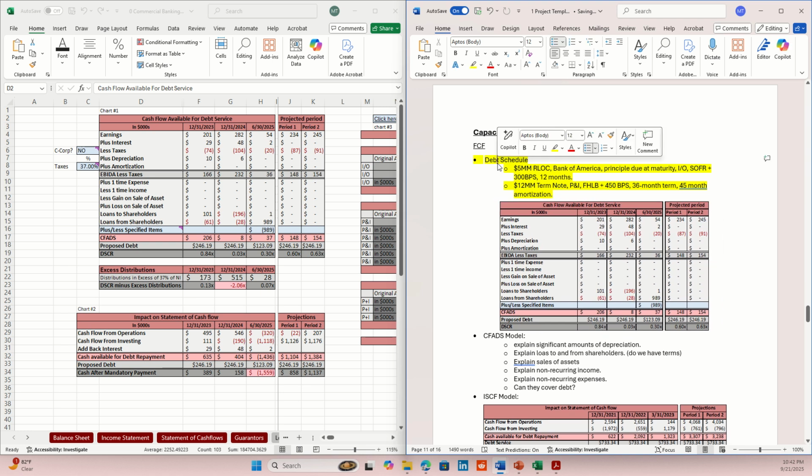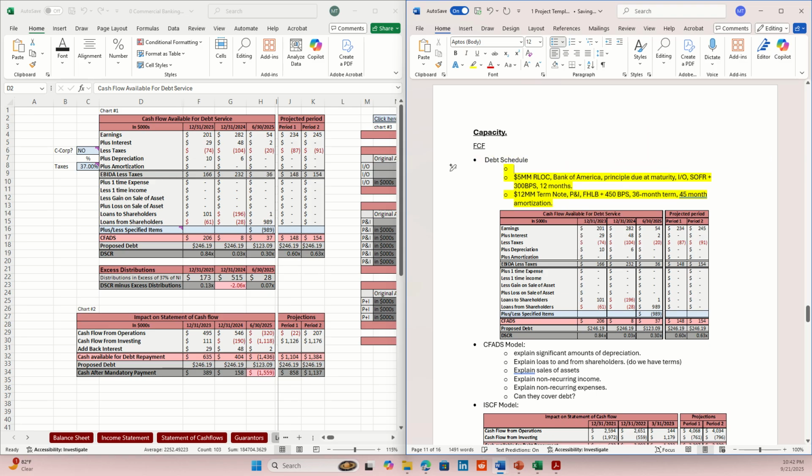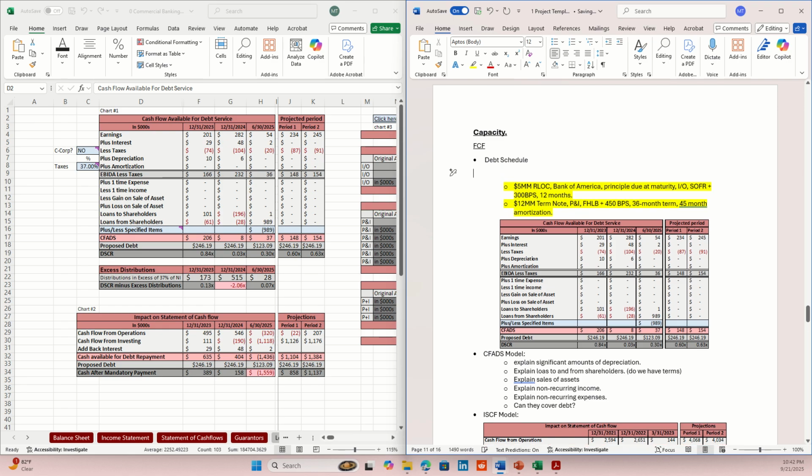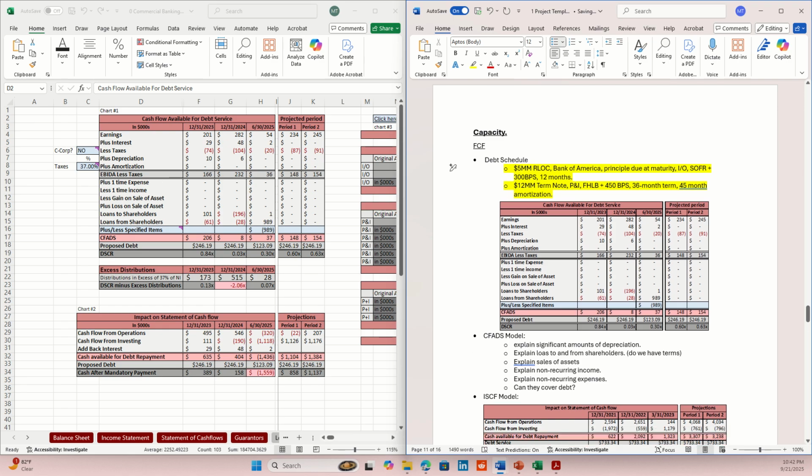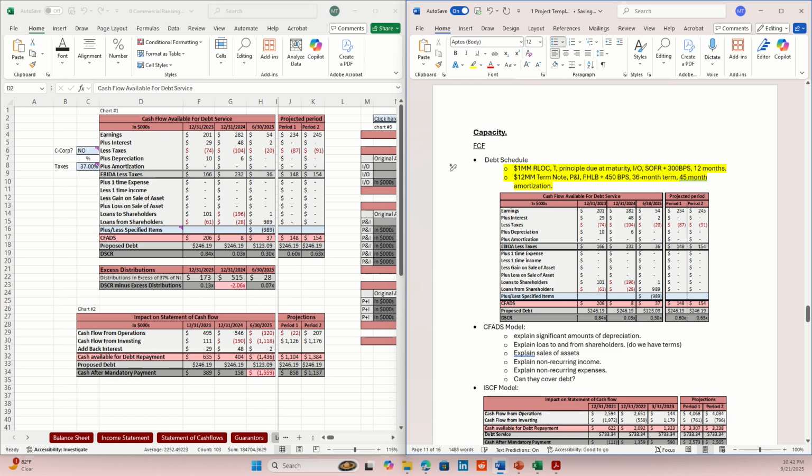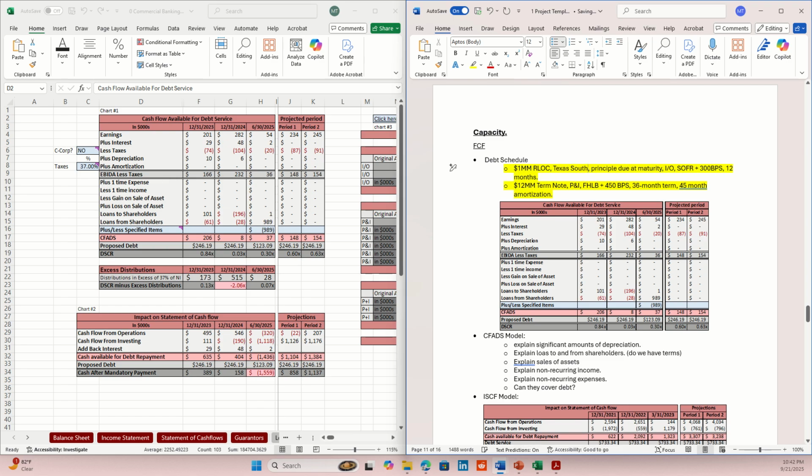So, debt schedule. Remember, we have our, oh wait, that's actually pretty similar to what we have. We have our $1 million revolving line of credit. But remember, they're not going to be with Bank of America. You guys work for Texas Southern Capital Bank, right?